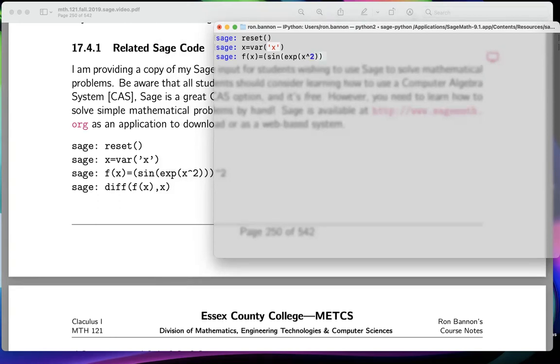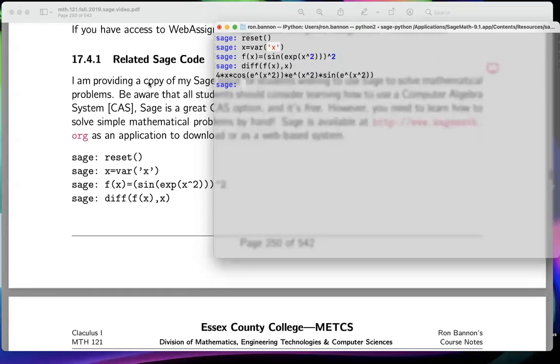So I'm just typing in what I'm looking at, and this whole thing is being squared over here. Look back over the notes in a second. All right, so I got that. Next thing is differentiate. What am I going to differentiate? F of X with respect to X. It spits back the answer.